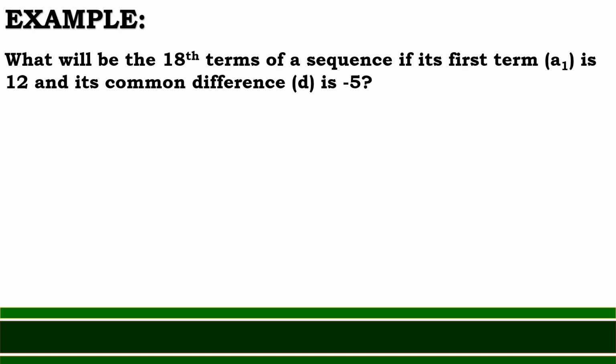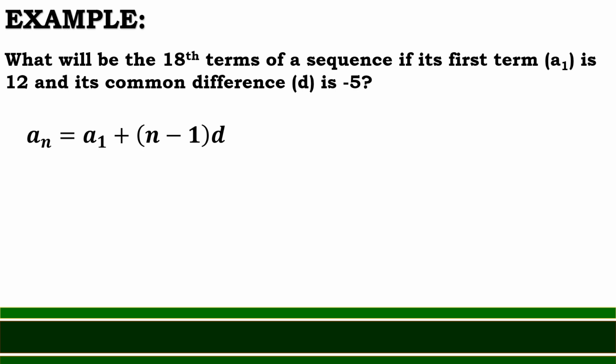So, let's start with this example. What will be the 18th term of a sequence if its first term is 12 and its common difference is negative 5? Sabi natin last time sa arithmetic sequence, we can use also the formula. The formula a sub n, or the nth term, is equal to the first term plus n minus 1 multiplied to d.